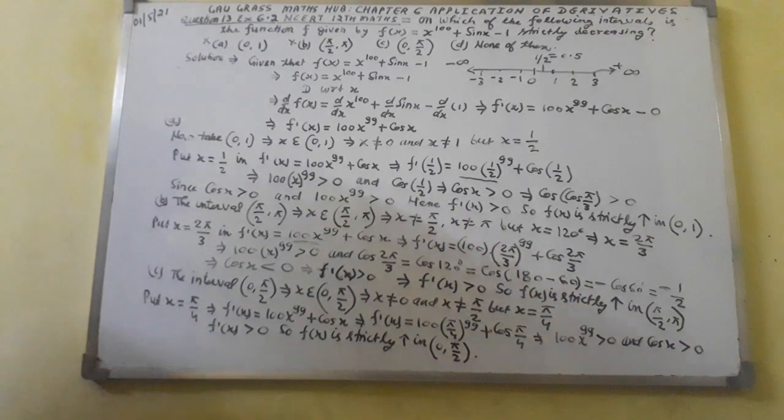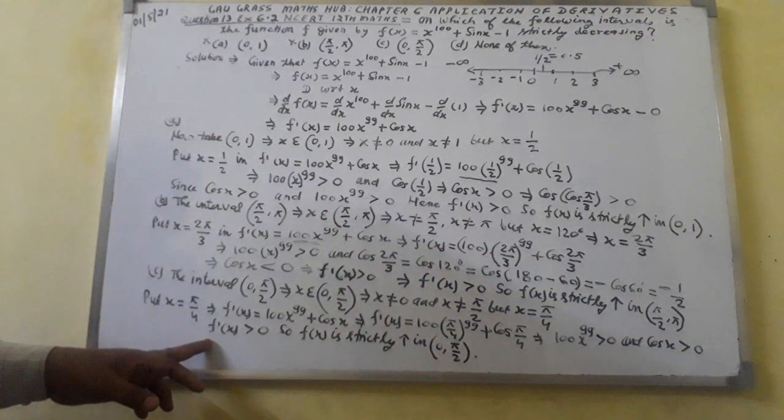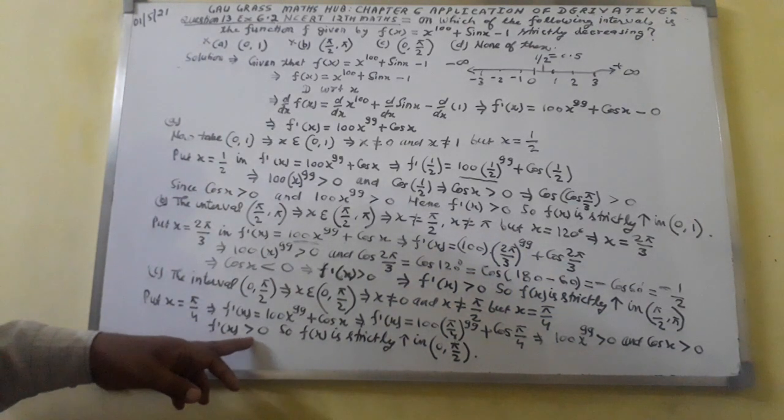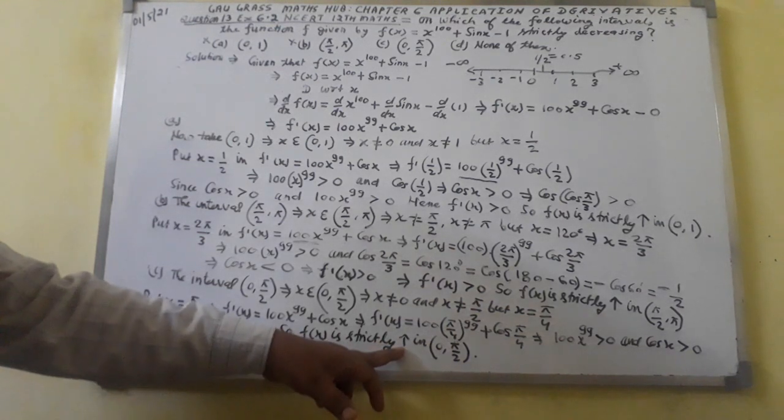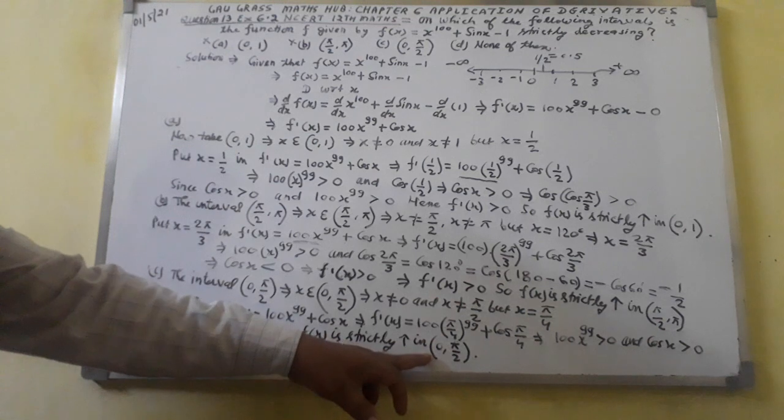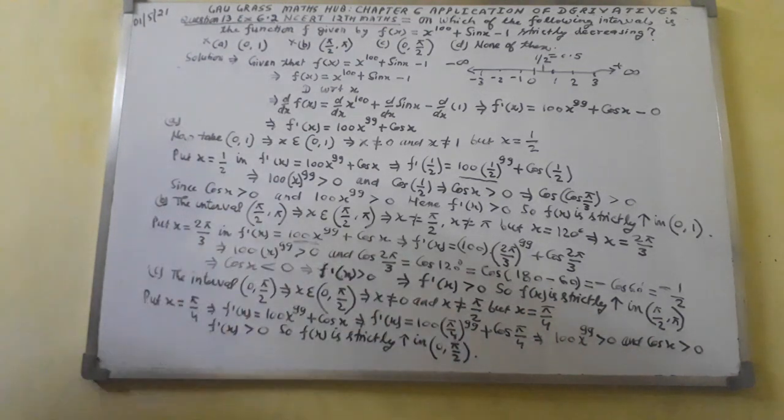F dash of x is greater than 0, so f of x is strictly increasing in open interval 0 comma pi by 2.